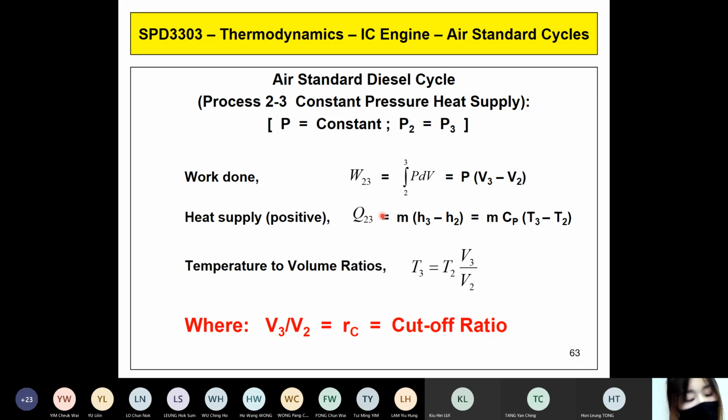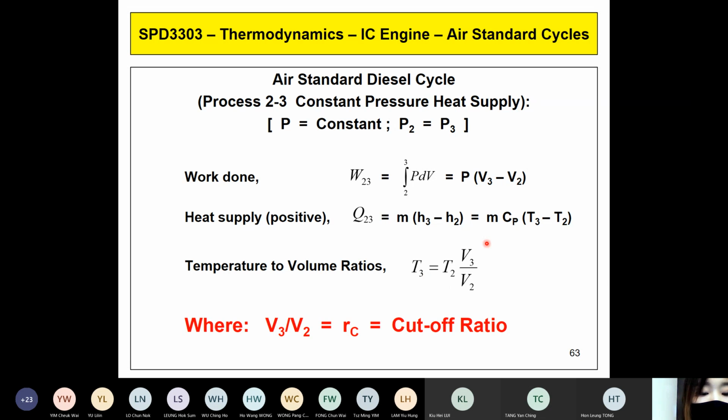By using the non-flow energy equation, we can calculate the heat supply. Also, by combining the characteristics of this process and the property of perfect gas, we obtain the temperature to volume ratio.